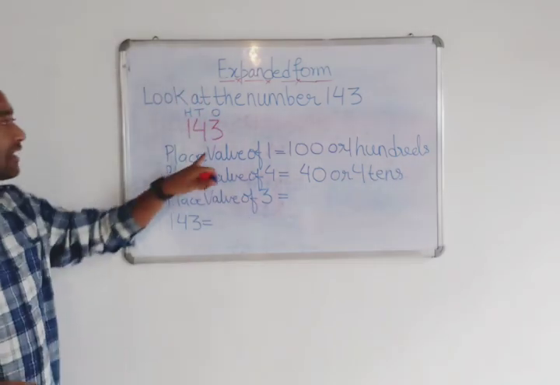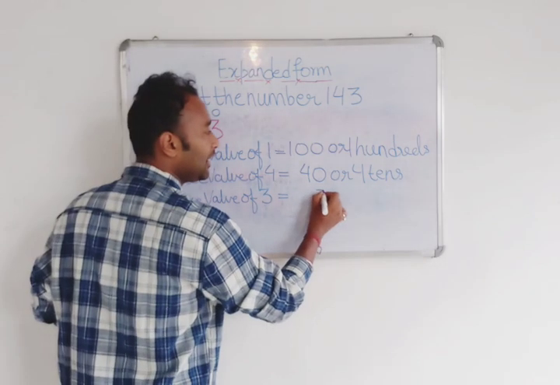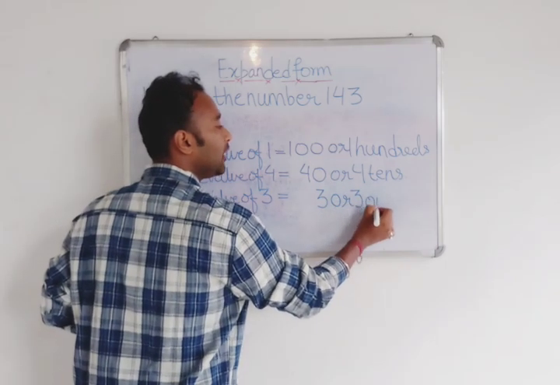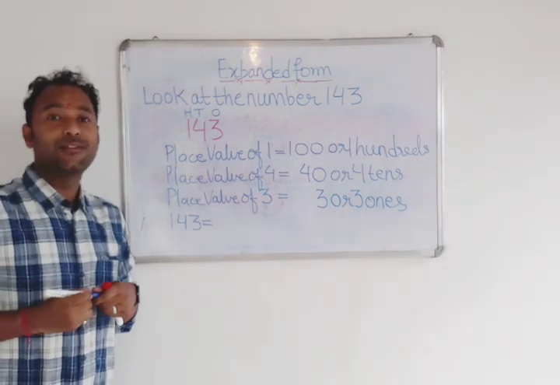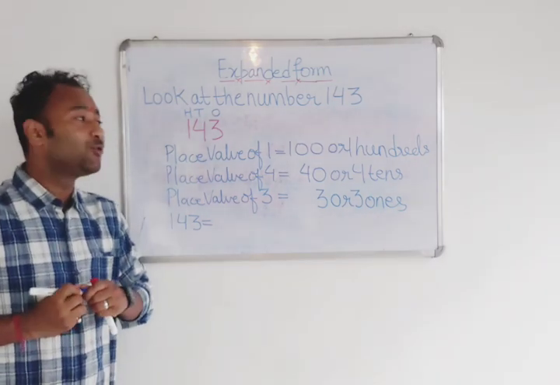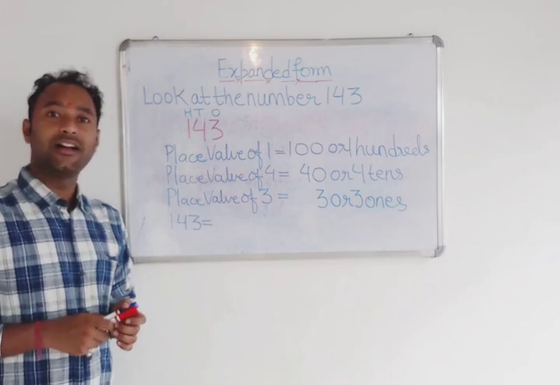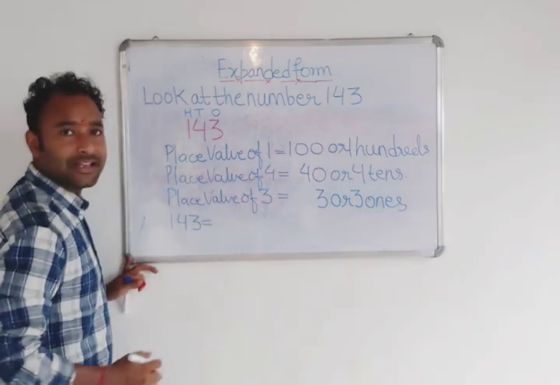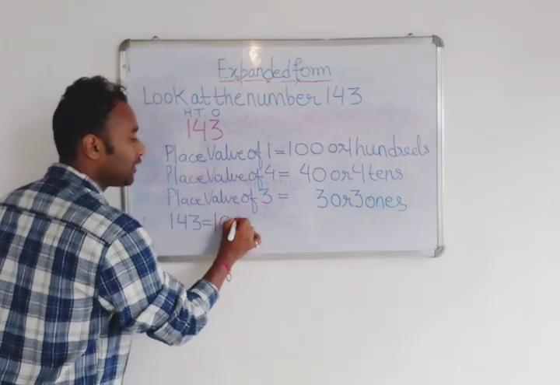Now at last, what is the place value of 3? So you will simply write 3, or you can write 3 ones. Now the definition of expanded form says that you have to add the place values of the digits. So now I will add the place values. What is the place value of 1? It is 100.